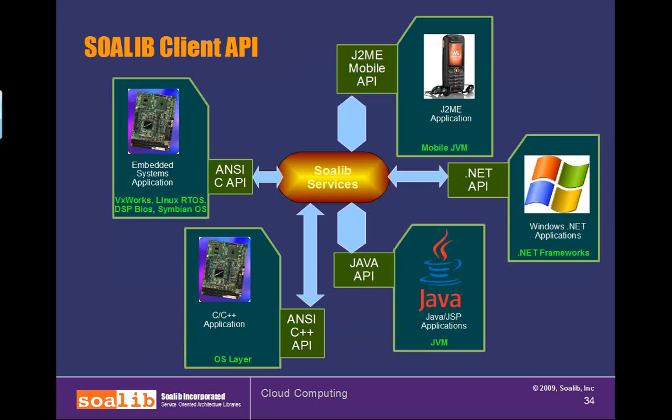This example shows that there is a server running in the cloud, and the cloud exposes a number of services to you which can be consumed by embedded systems in C API, C++ applications using the C++ API, Java applications using the Java API, .NET applications using the .NET API, and mobile applications using the J2ME or C API.